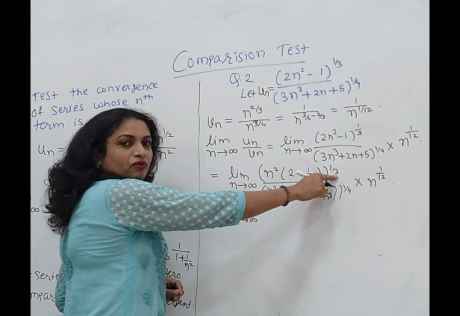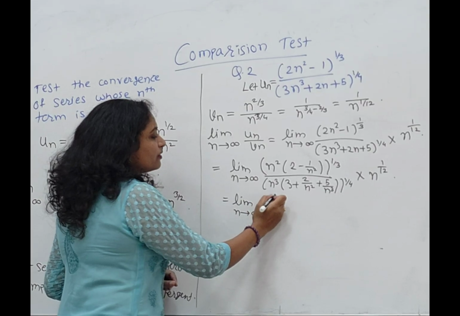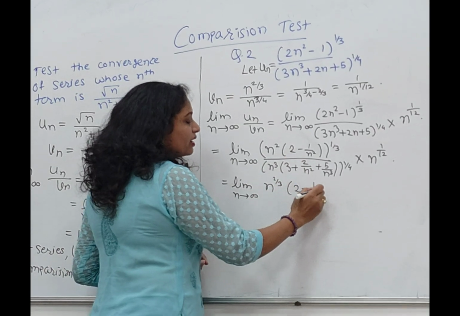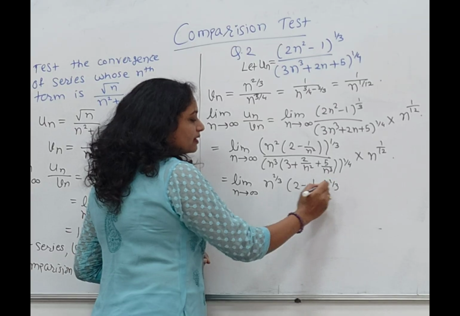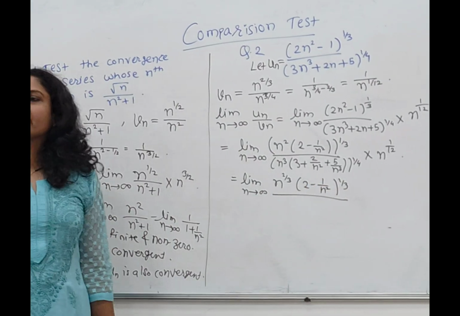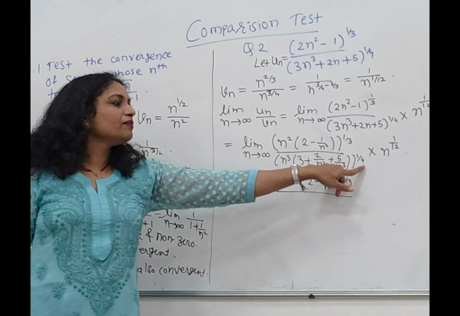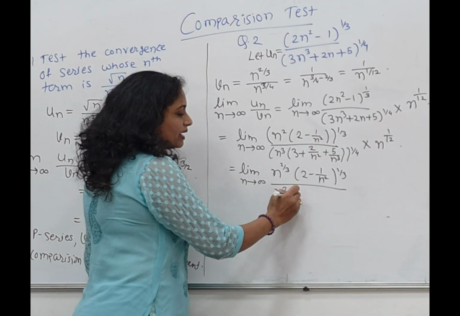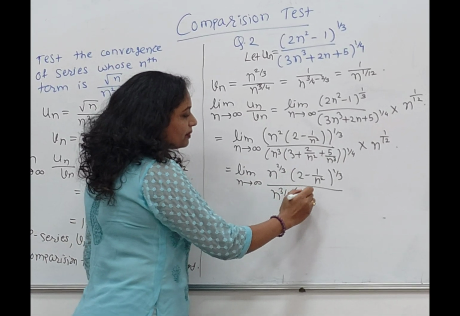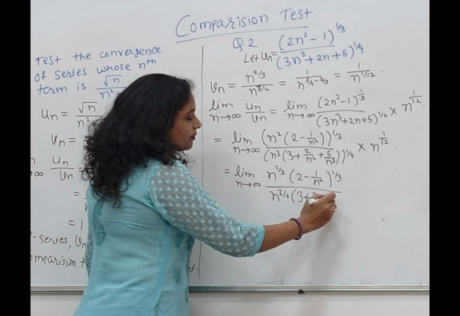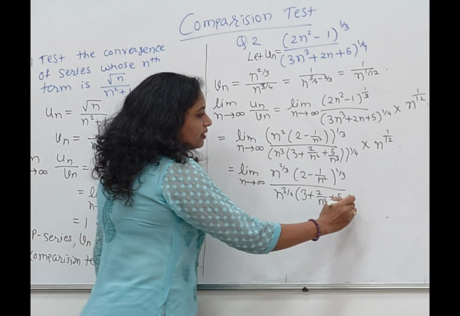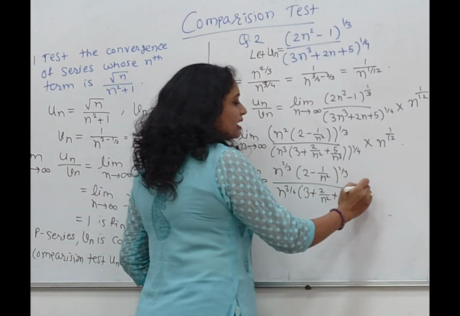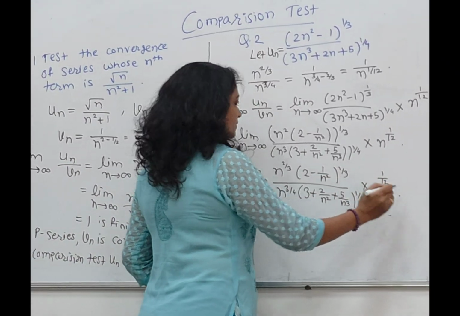N square into 1 by 3 will be n raised to 2 by 3. And this term will be 2 minus 1 upon n square raised to 1 by 3. Same in the denominator. N cube to the power 1 by 4 will be n raised to 3 by 4. And here you will have 3 plus 2 upon n square plus 5 upon n cube to the power 1 by 4, into this term as it is, n raised to 1 by 12.